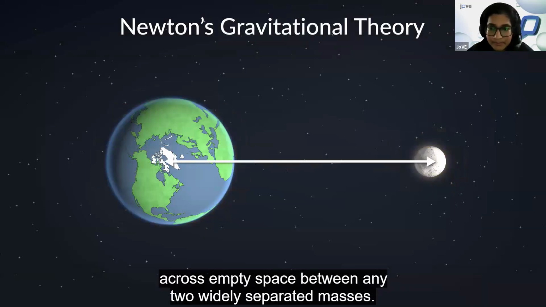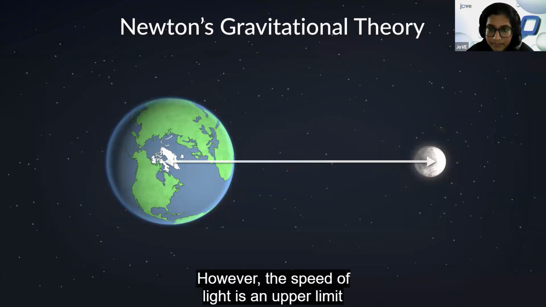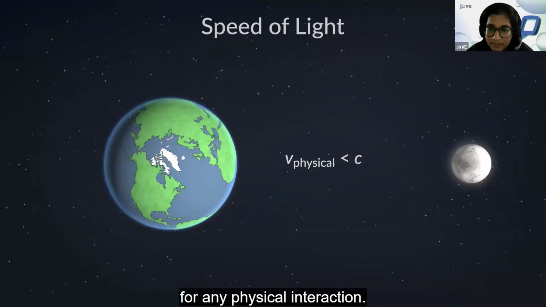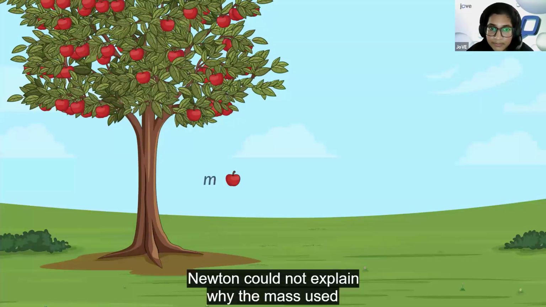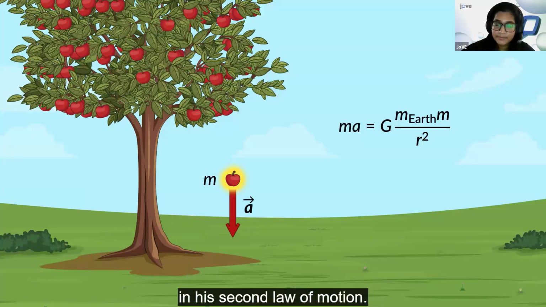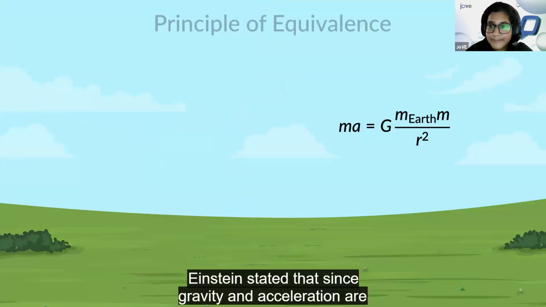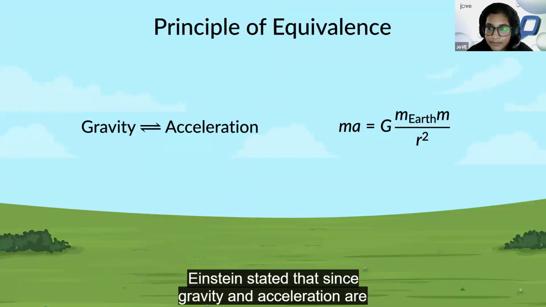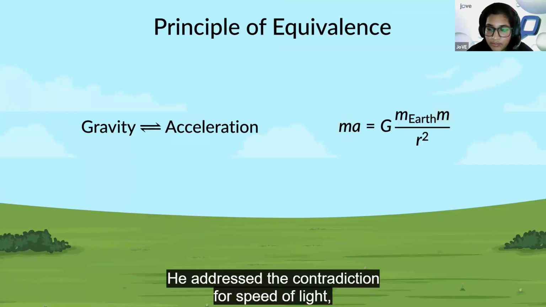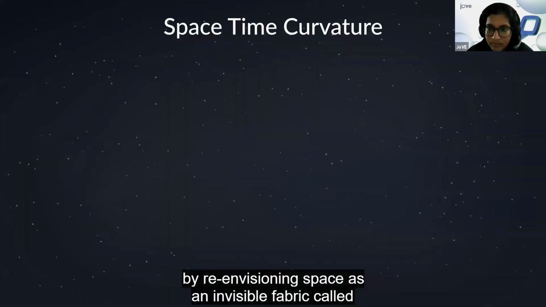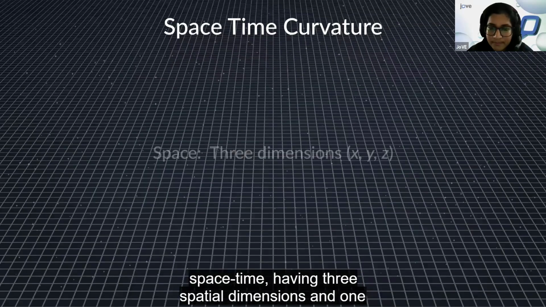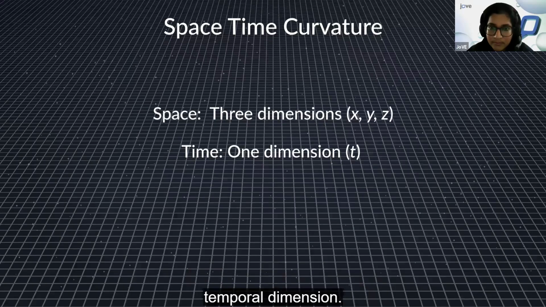In Newton's gravitational theory, the gravitational force acts instantly across empty space between any two widely separated masses. However, the speed of light is an upper limit for any physical interaction. Newton could not explain why the mass used in the law of gravitation is the same as inertial mass used in his second law of motion. Einstein stated that since gravity and acceleration are equivalent, the two masses are the same. He addressed the contradiction for speed of light by re-envisioning space as an invisible fabric called space-time, having 3 spatial dimensions and 1 temporal dimension.